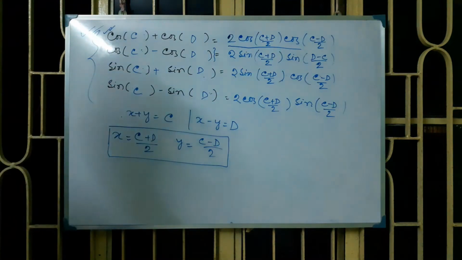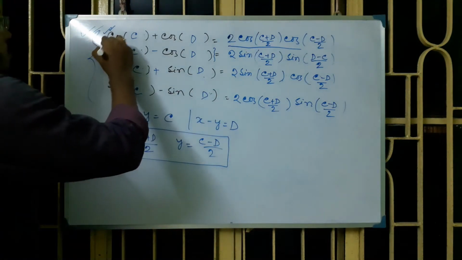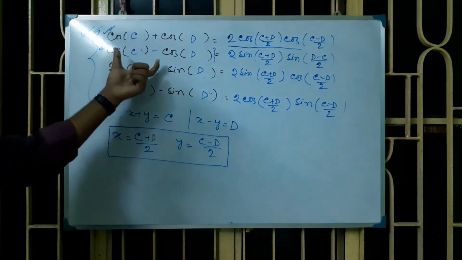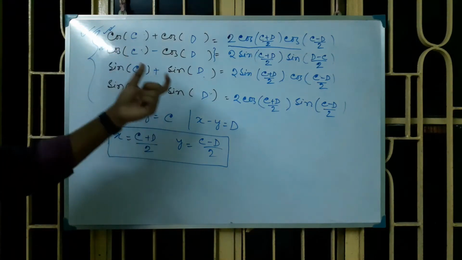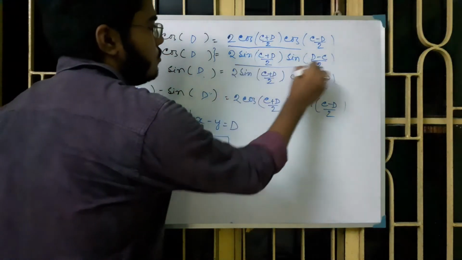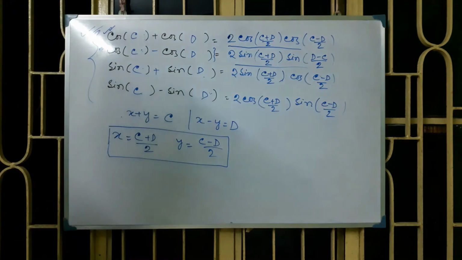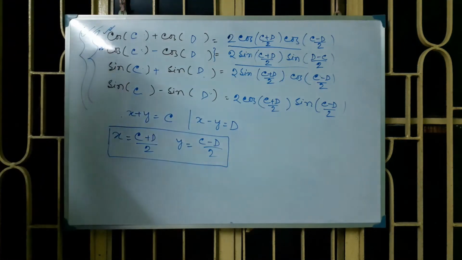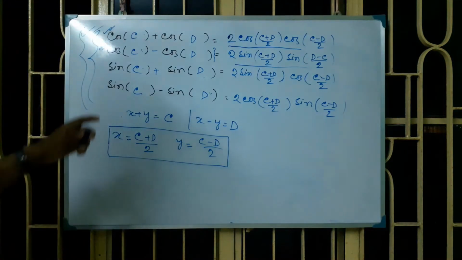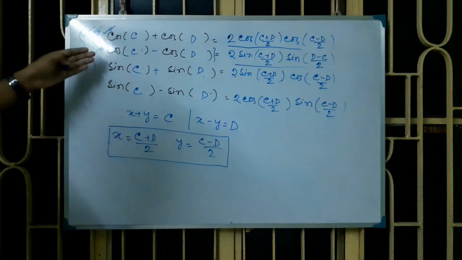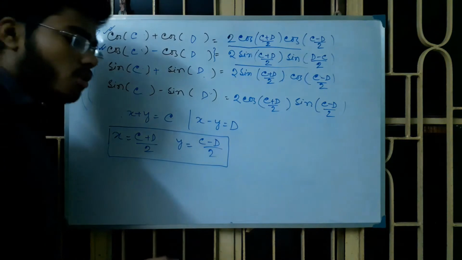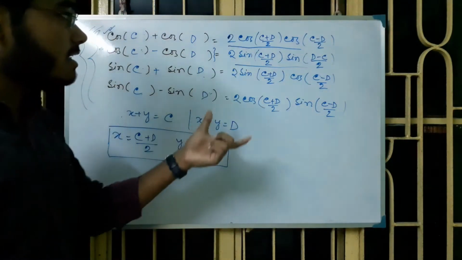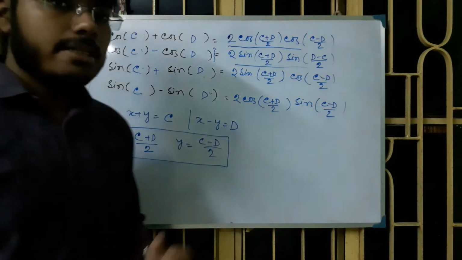And if you are asked to subtract two cosine functions, that is cos c minus cos d, then it will be equal to 2 sin((c+d)/2) sin((d−c)/2). Just remember these things. So this is the summarization, and this is the new set of formulas, and we will be solving some problems based on these formulas, and we will end this topic.